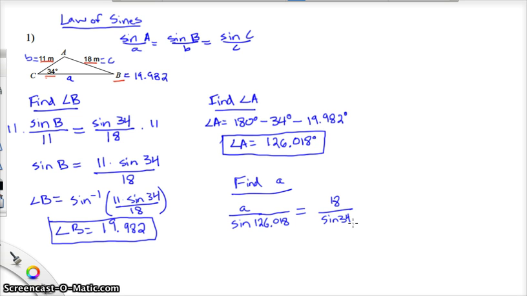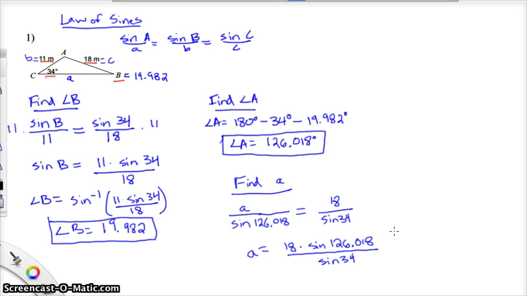Notice that on this right side here I'm using the information about C, angle C and side C. I solve this for A, so I have A equals 18 times the sine of 126.018, all divided by the sine of 34.